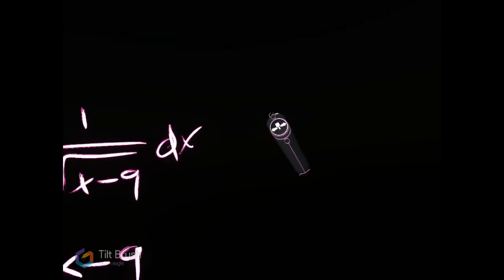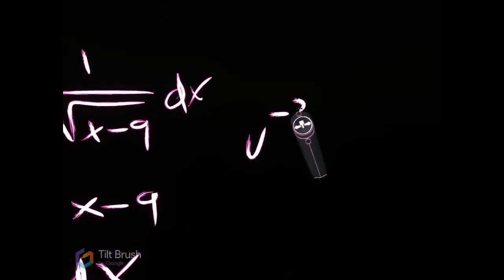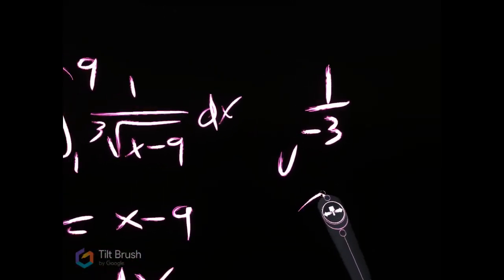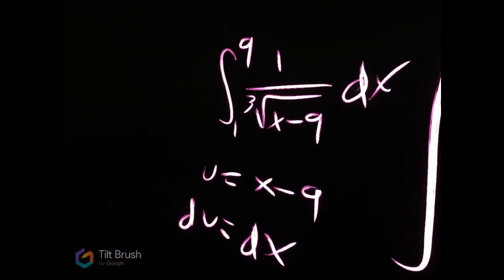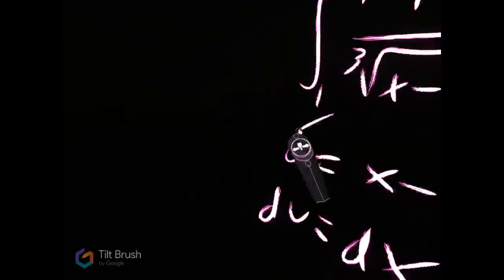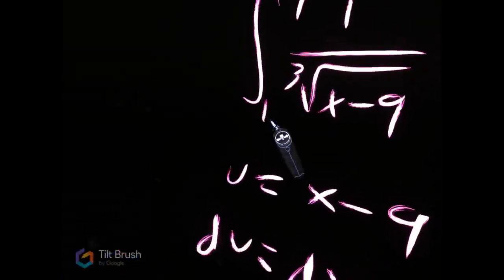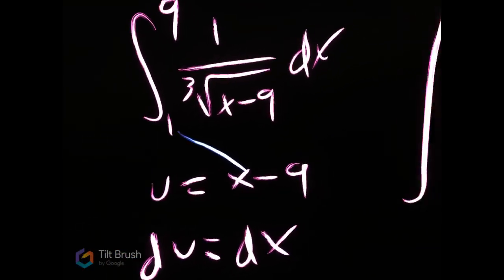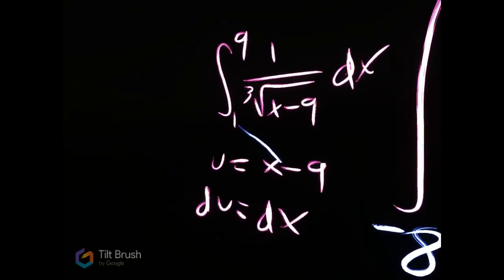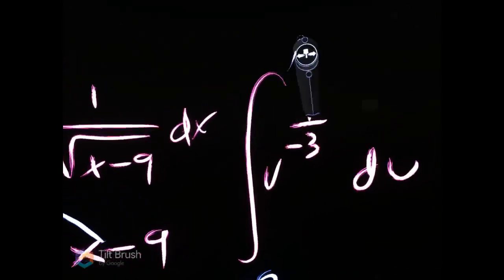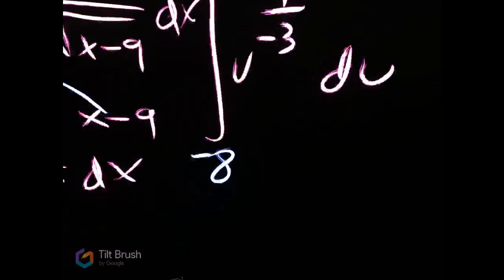Okay, that's not bad. So really what I have is u to the negative 1/3 power du, and I substitute in these for x to find the new bounds. So I have negative 8 and 0. Those are kind of weird bounds.